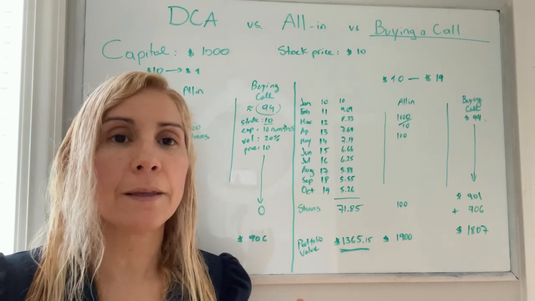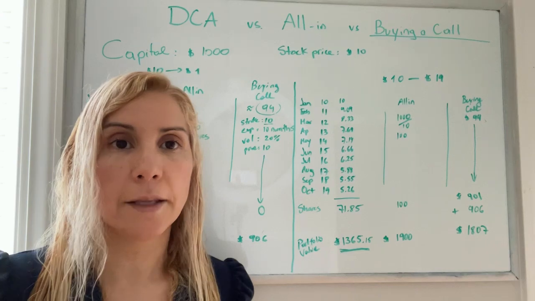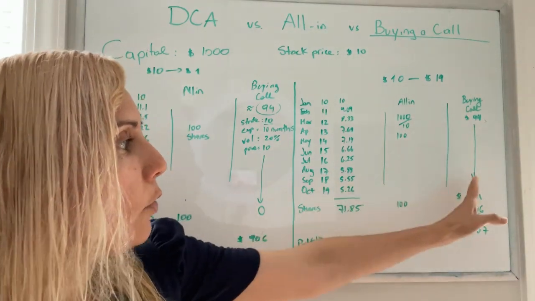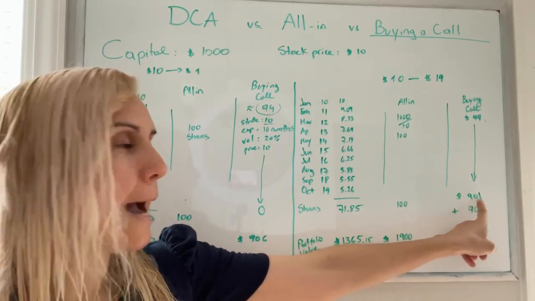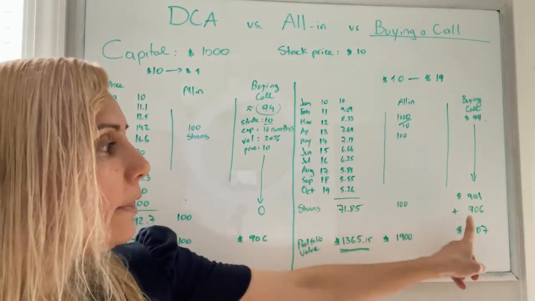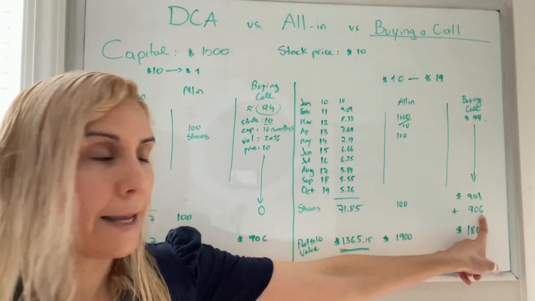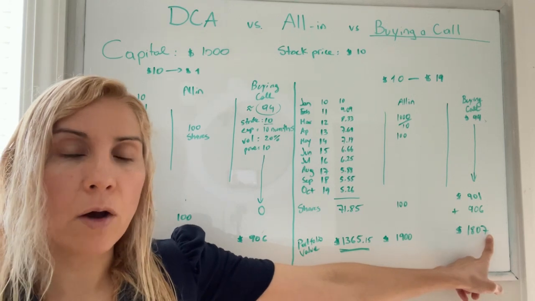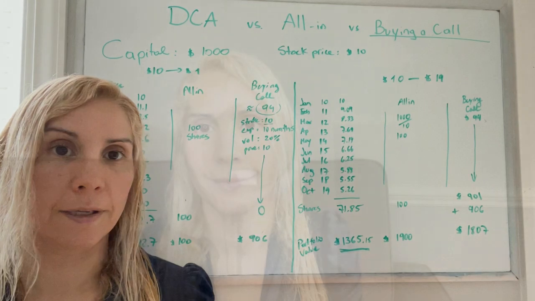So it makes no difference if you own the call versus if you own the shares. So at the end of those 10 months, that call would be worth $901. So with the cash position that we have not used, which is $906, our portfolio would be worth $1,807, as you can see.